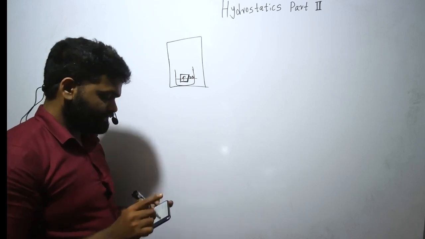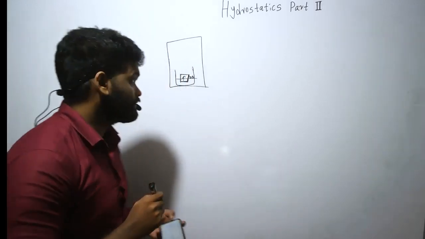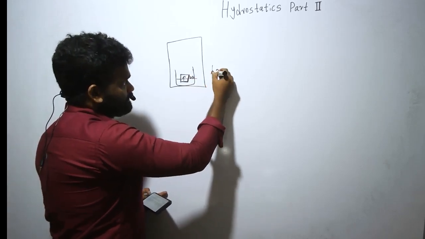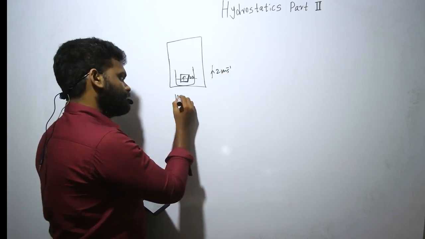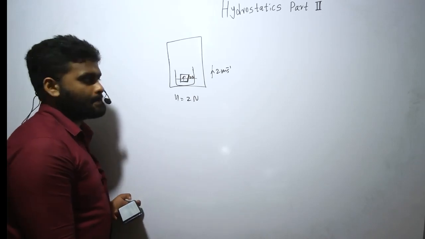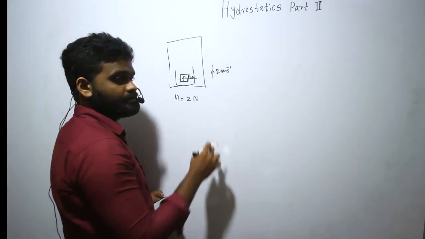What is the upthrust when the lift moves upwards at 2 meters per second squared? So initially it is moving at 2 meters per second, right? You know that the upthrust is equal to 2 Newton in this case, if it is moving at constant speed.